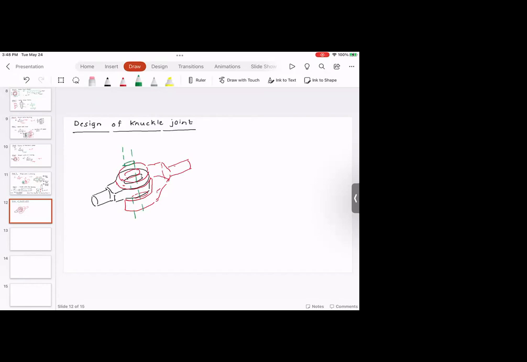So you have this pin that goes through this knuckle. And here there is a collar. So you have the eye end. So this is called the eye. This is called the fork end. And here you have the pin.